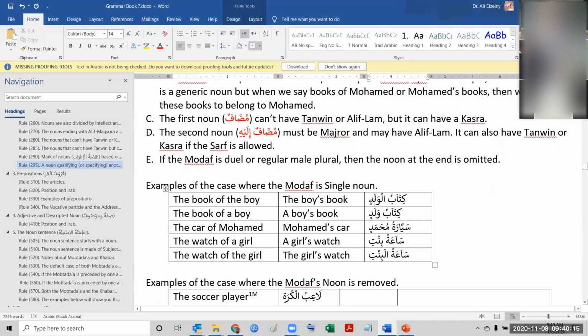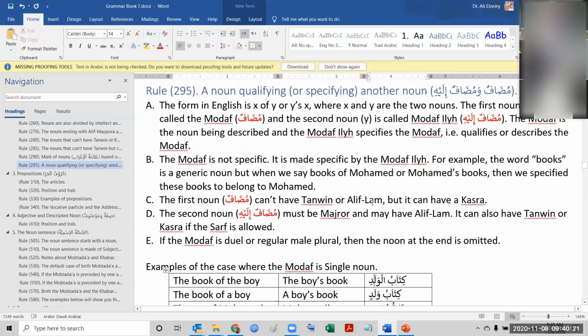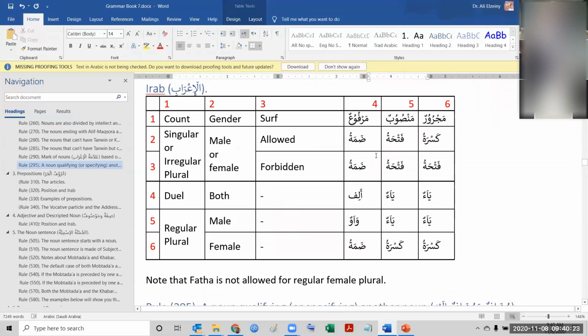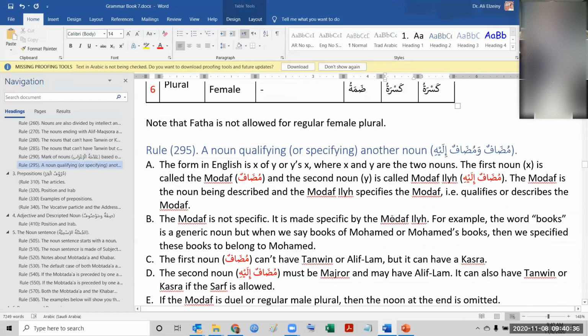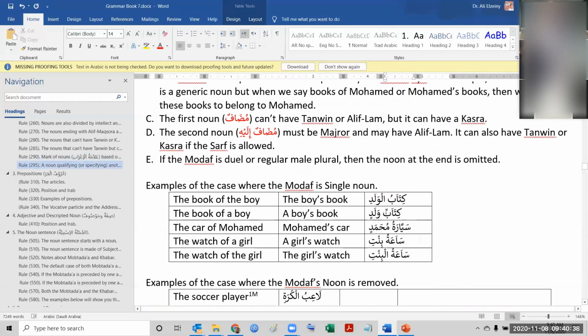There are three possibilities: al-waladu, al-walada, al-waladi. The marfu' is al-waladu because it's dhamma. The mansub is al-walada because it's fatha. The majrur is al-waladi because it's kasra. But here, this one here is majrur.